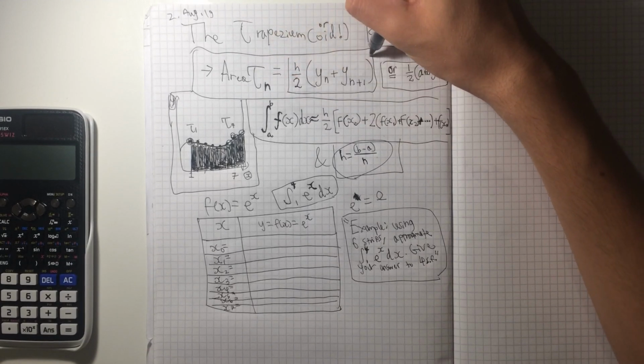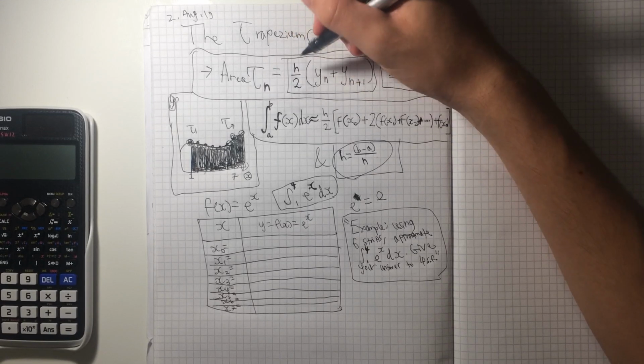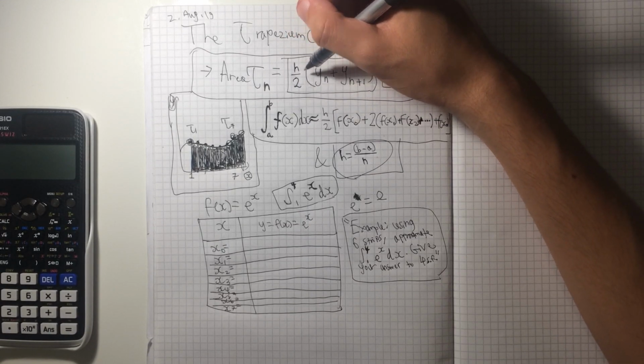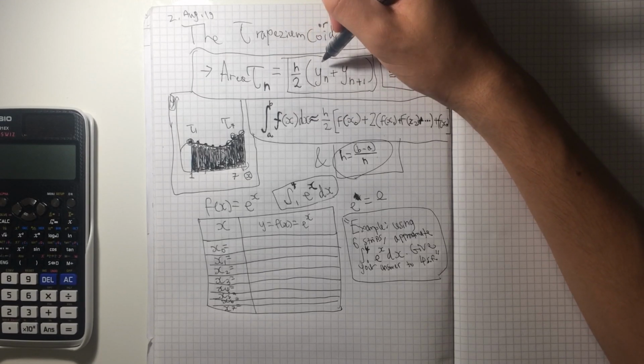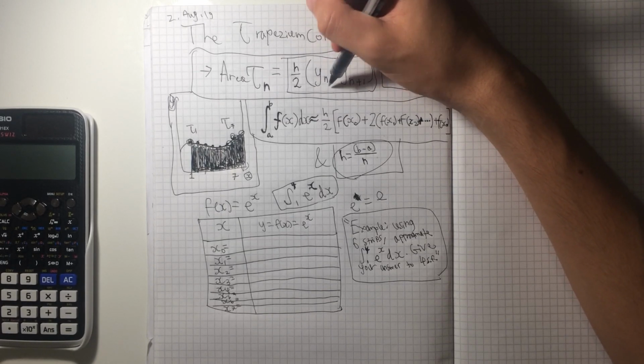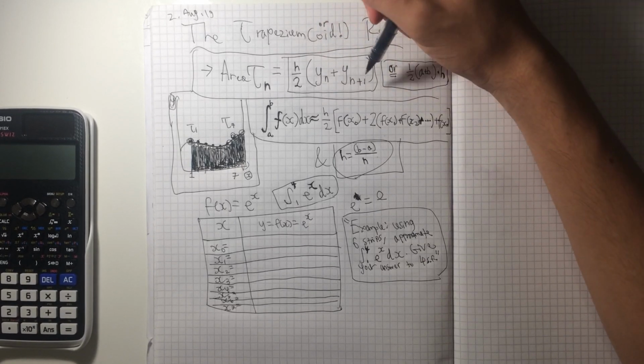So from secondary school, you probably know that the area of a trapezium is h over 2, with h being the height of that trapezium, times (a plus b), and here y_n acts as a, and y_(n+1) acts as b.